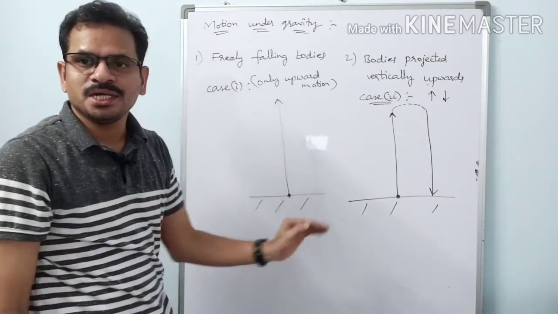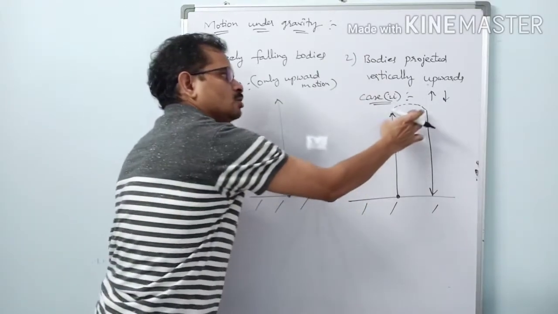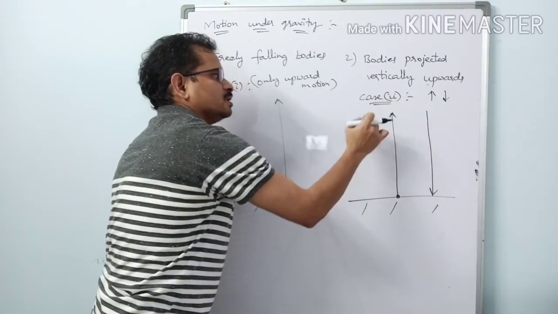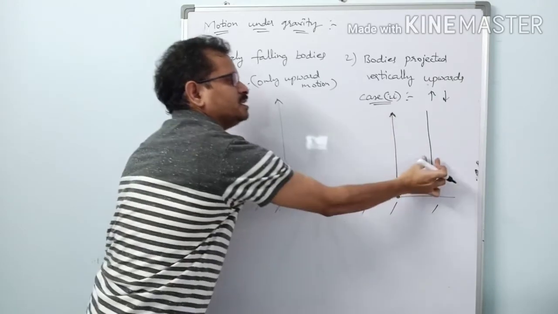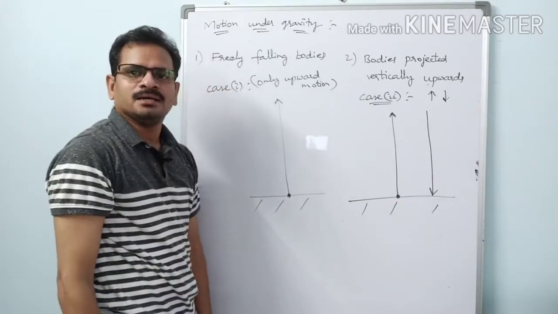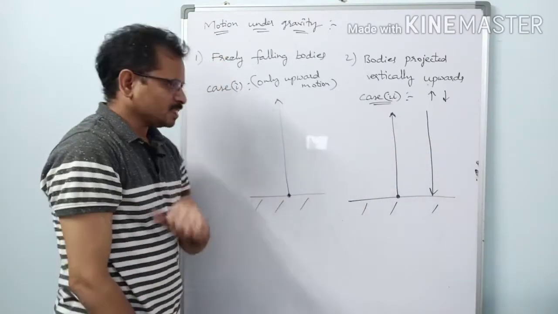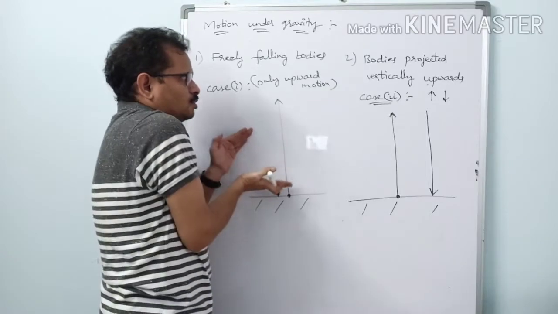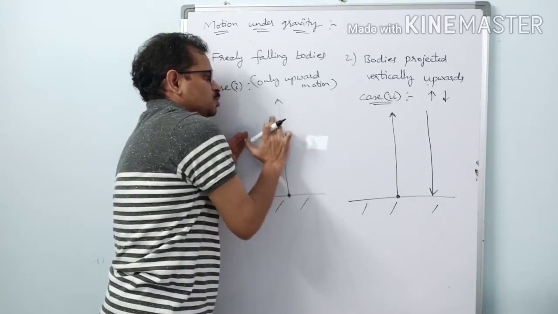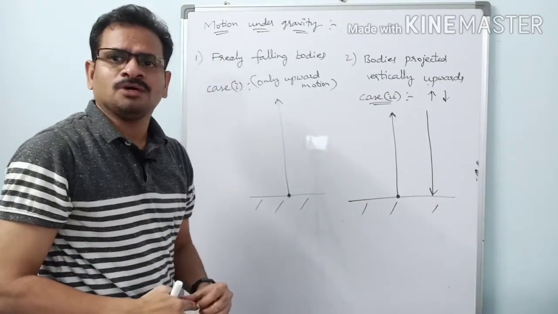It is purely a motion in a straight line. Actually, this line also lies on this line only, but for convenience we have drawn it separately. So case 1 is only upward motion, and in case 2 we consider both upward as well as downward motion.